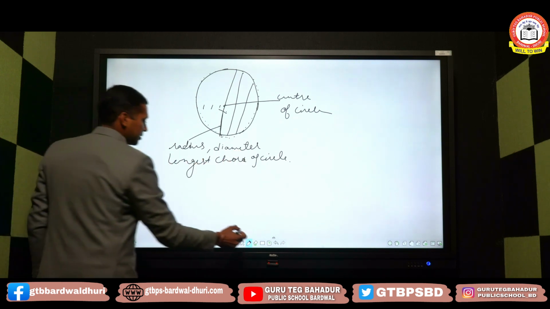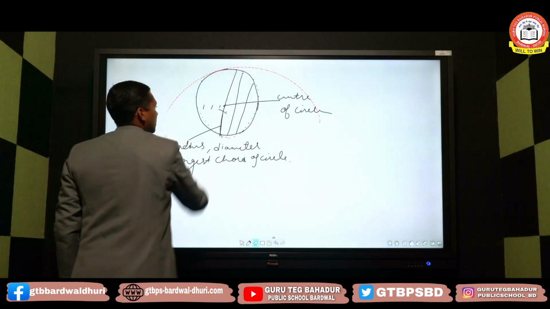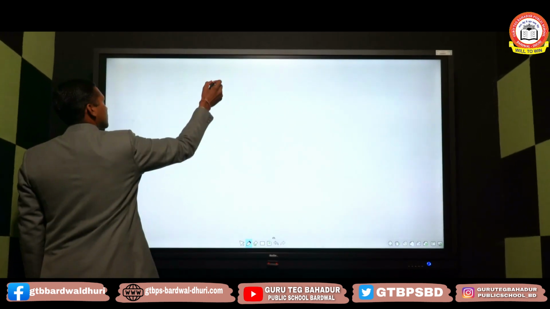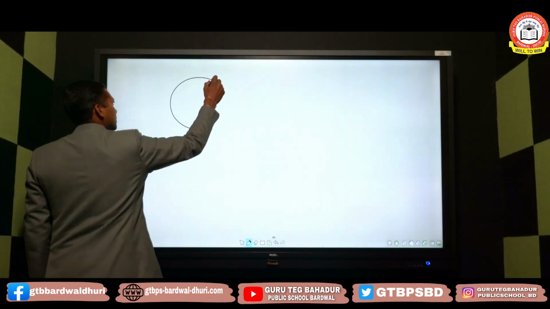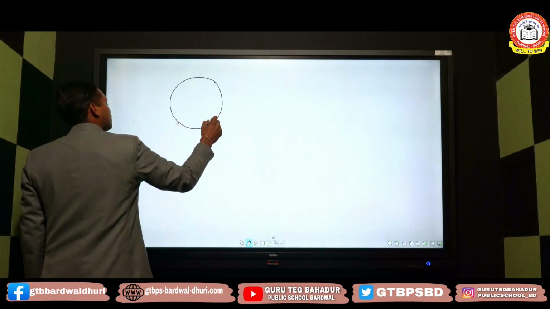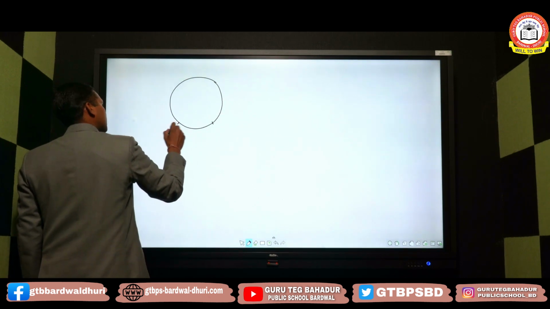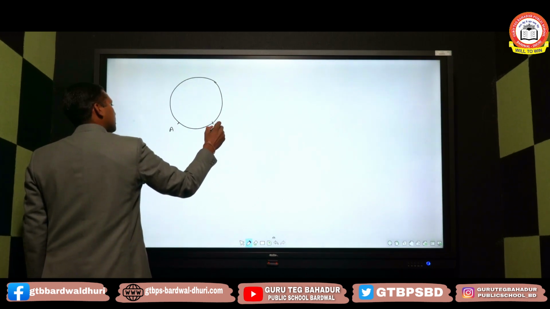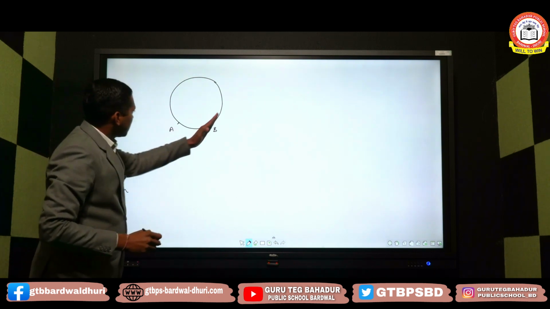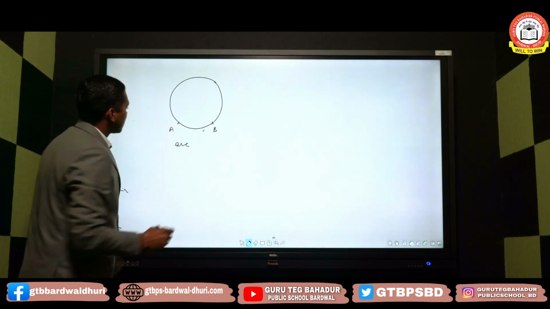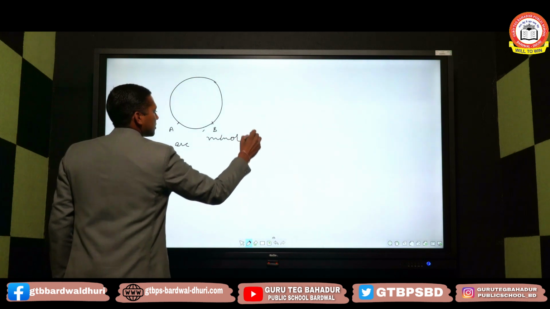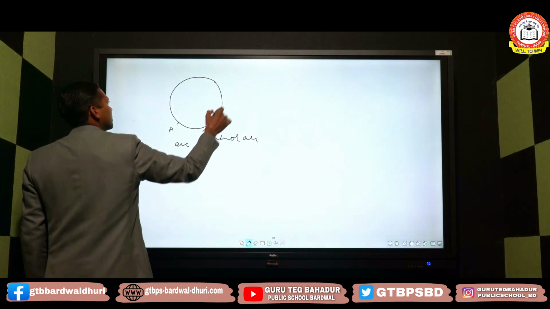Some more terms related to it. A part of its circumference is called an arc. A shorter circumference is called a minor arc, and the remaining is the major arc.